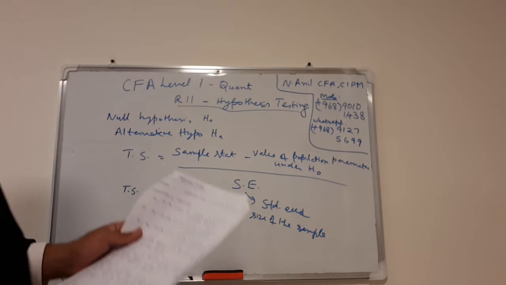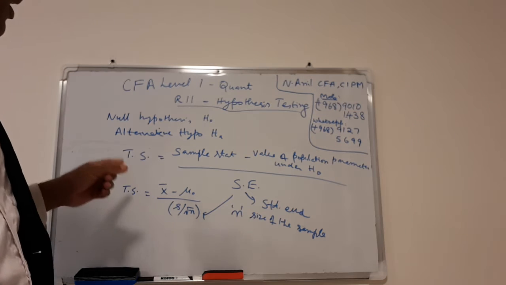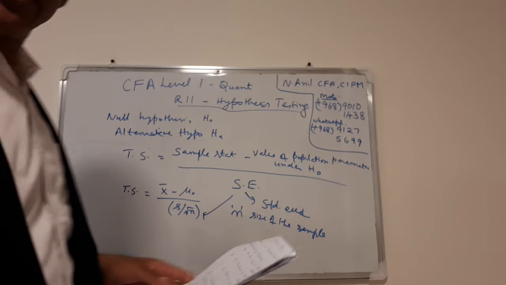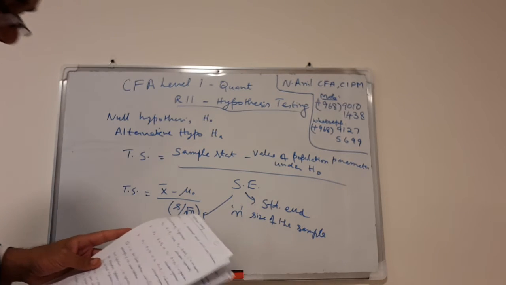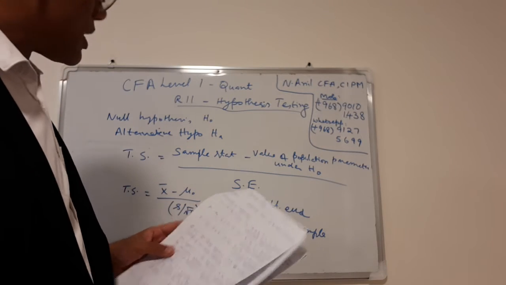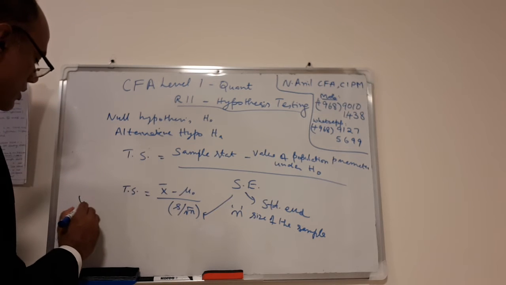Depending on the sample, we have 4 tests: a t test, a z test or standard normal test, chi-square, and f test.